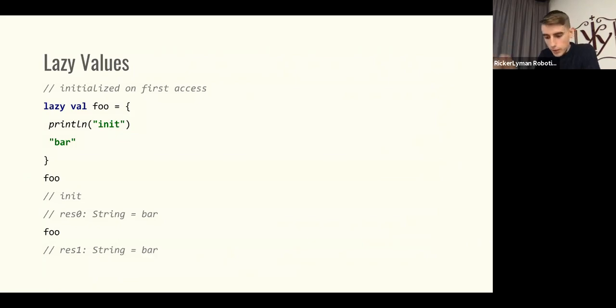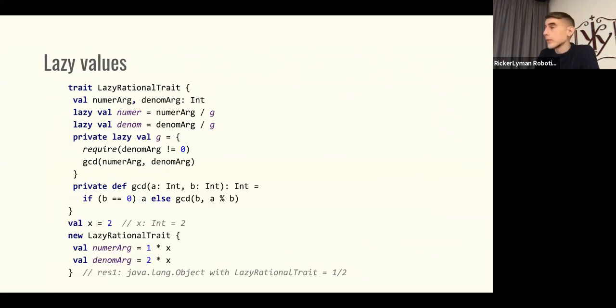and the thing is that we can use it in the recursive calls. We will see in a moment. Yeah, so for instance, when there is some computation which may produce errors, like in our famous rational trait.